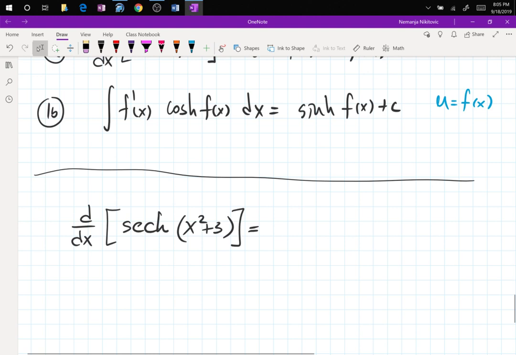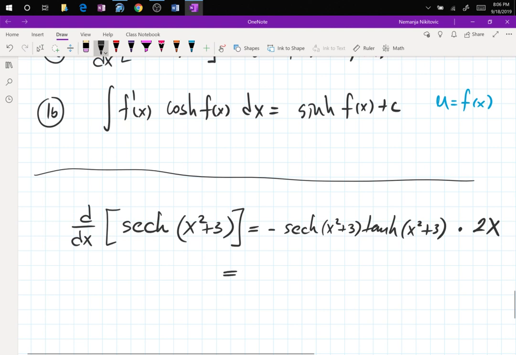We have a secant, and the derivative of secant is negative secant tangent. So, negative secant hyperbolic of x squared plus 3, tangent hyperbolic of x squared plus 3, times the derivative of the inside, which is 2x.